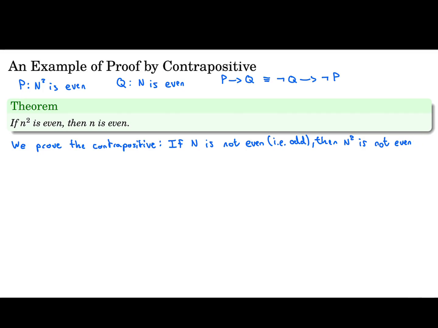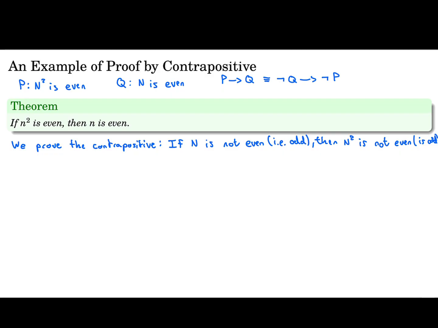So I'll just write it. So it is odd. Okay. So we want to show that if n is odd, then n squared is odd.